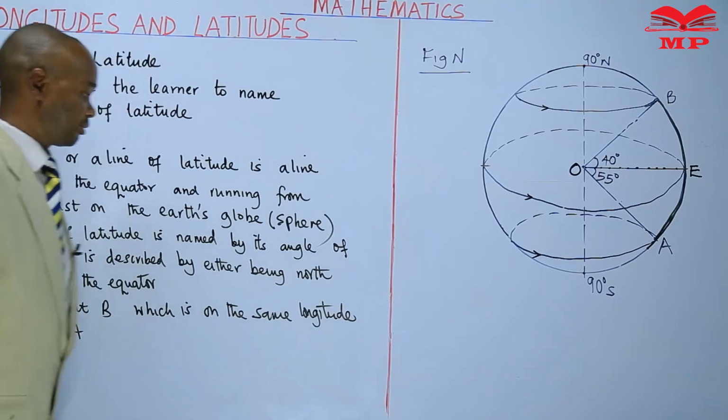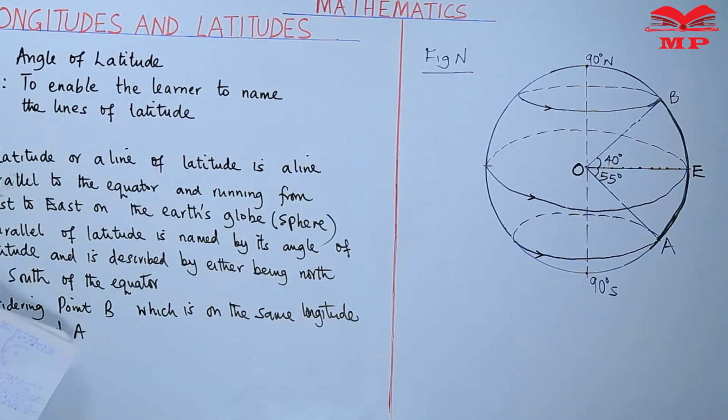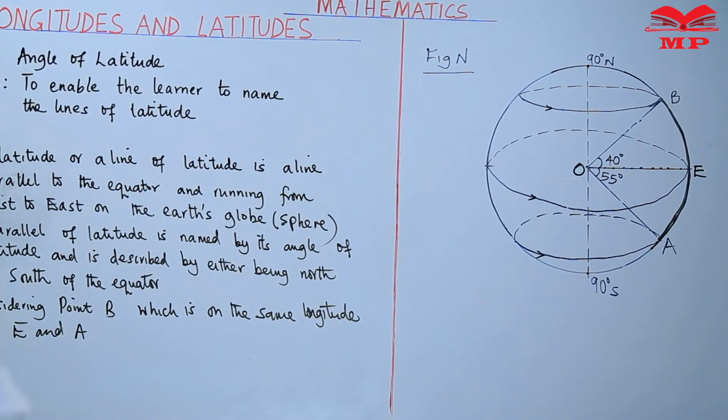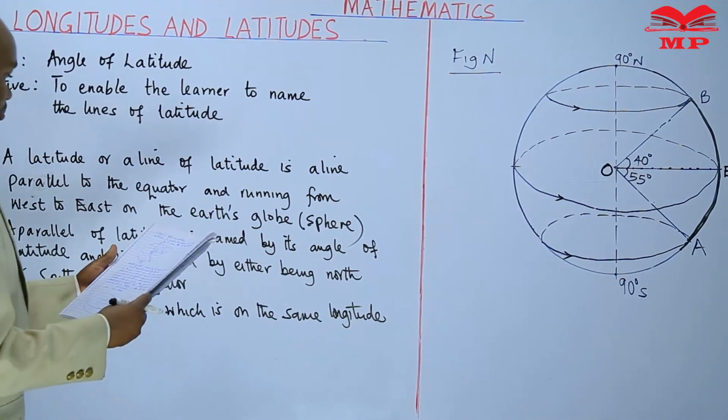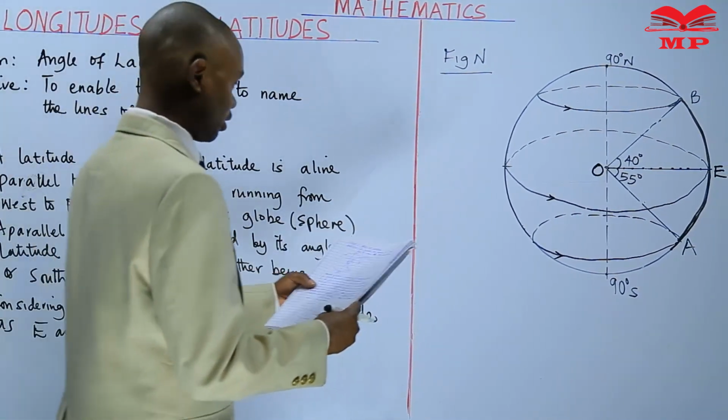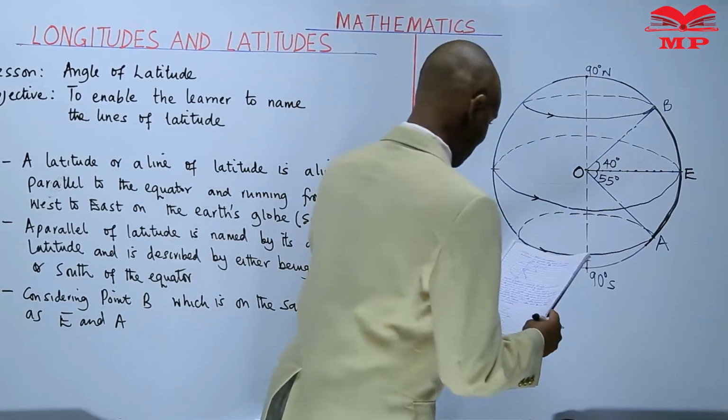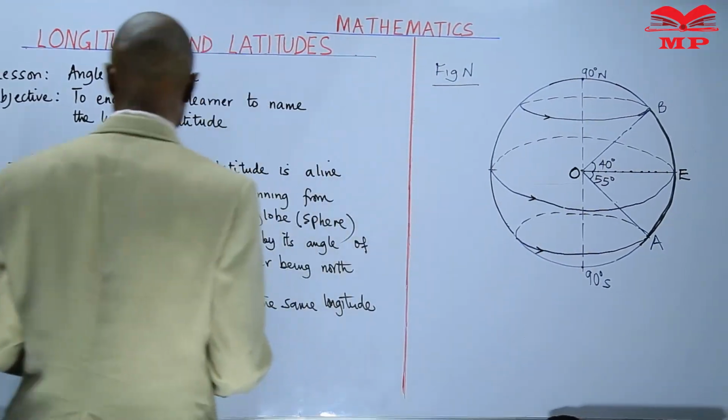They are on the same longitude. So we want to consider point B, the angle between OB and OE.